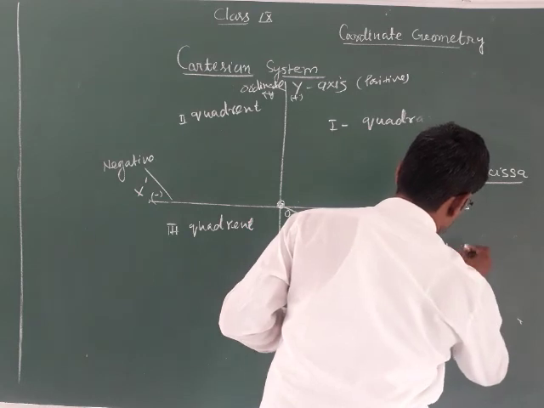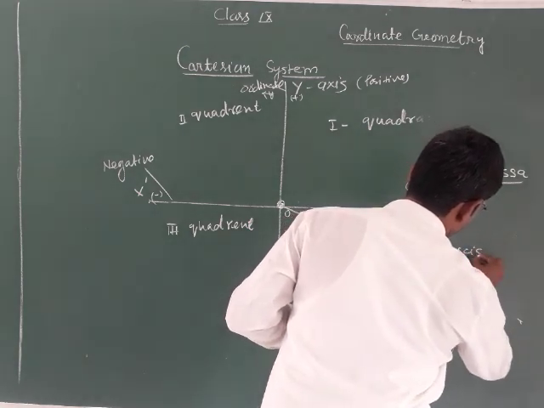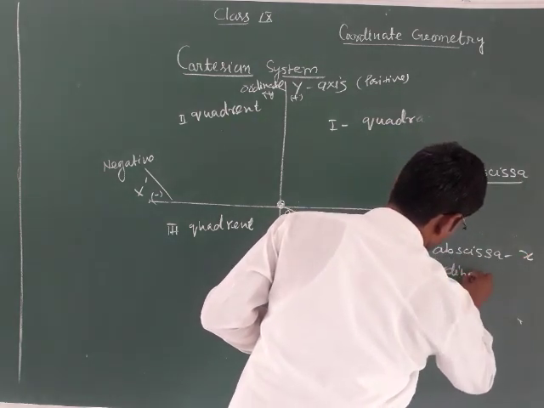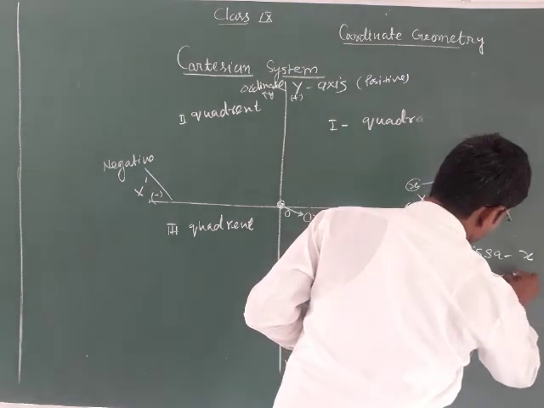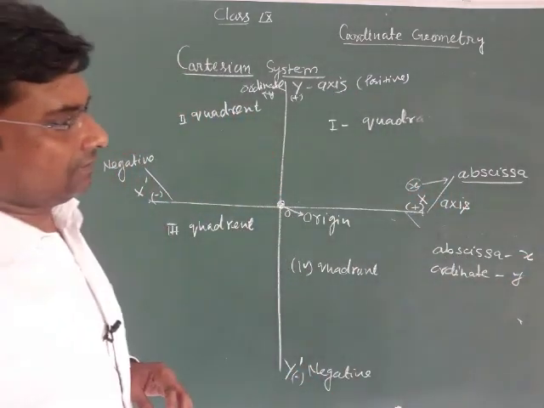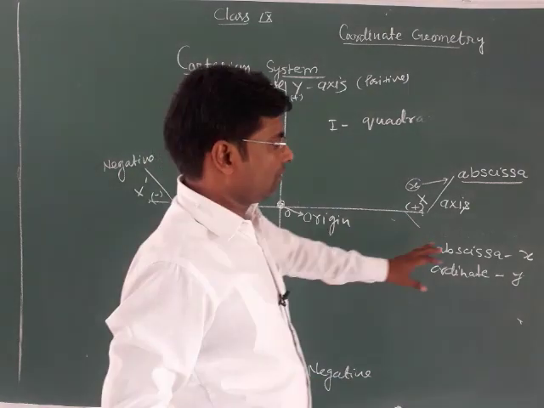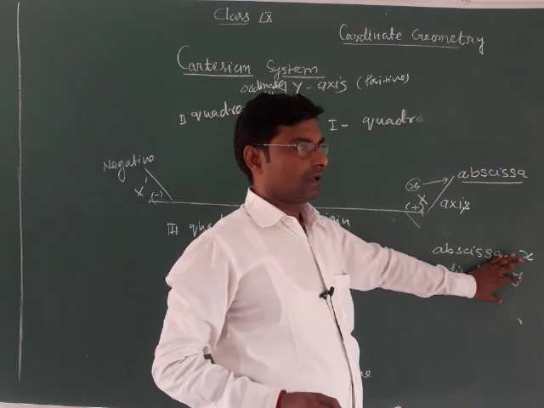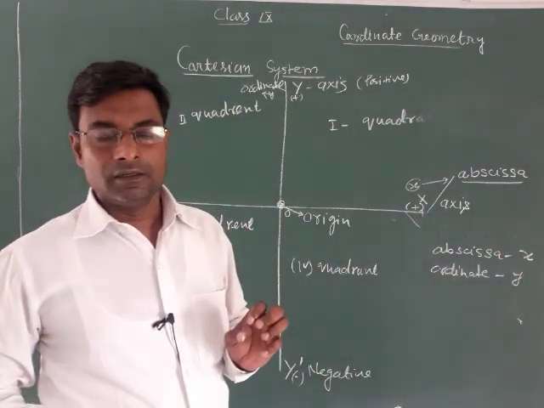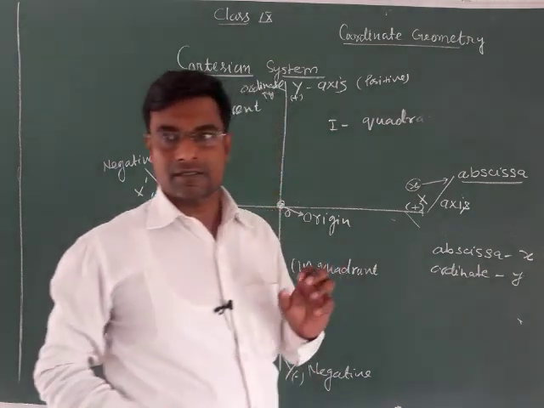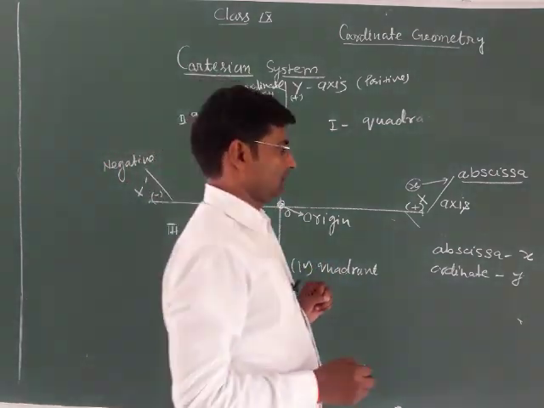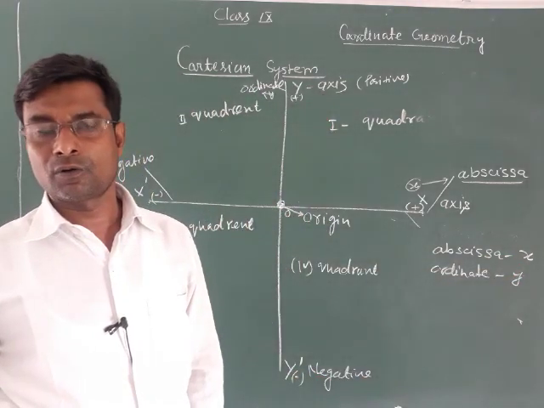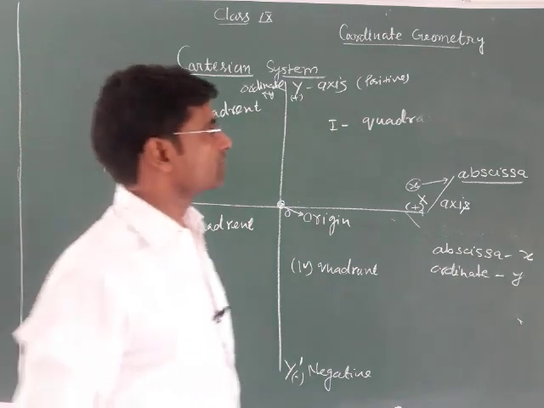If abscissa and ordinate are written in a small bracket separated by a comma, this is a coordinate.